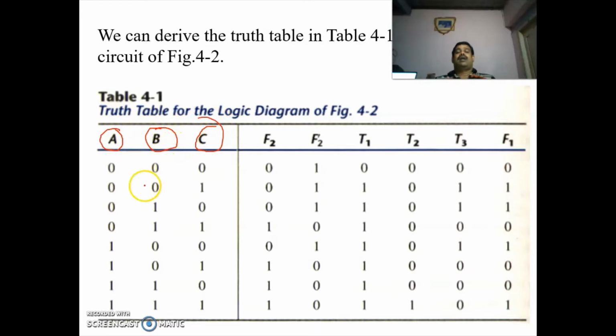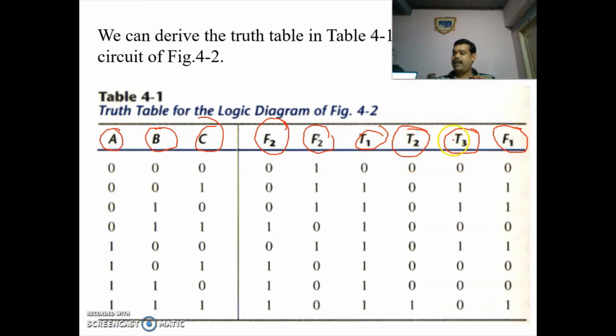When considering the main outputs, you are having two outputs F2 and F1, and you are having the intermediate outputs F2 bar, T1, T2, T3.